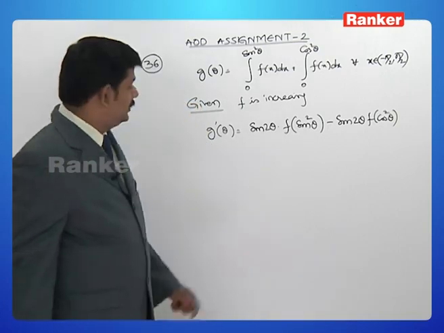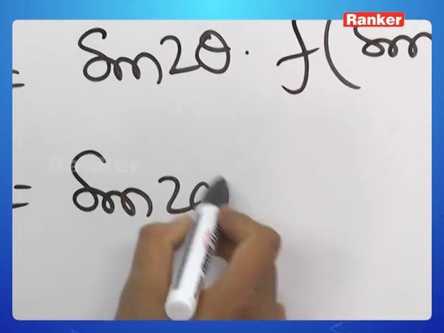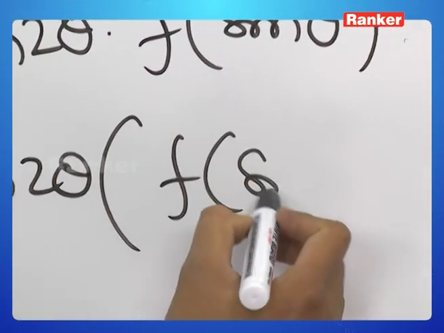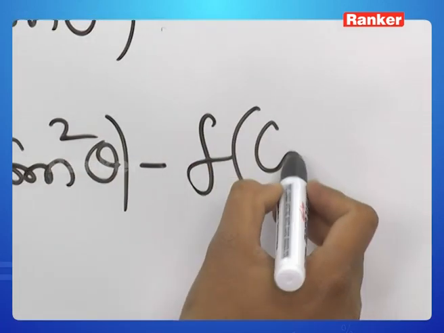So g dash of theta is equal to sin 2 theta, which can be taken common, into f of sin square theta minus f of cos square theta.